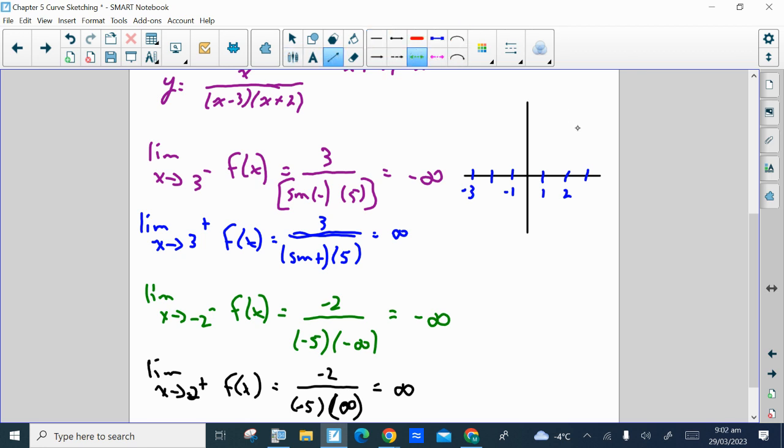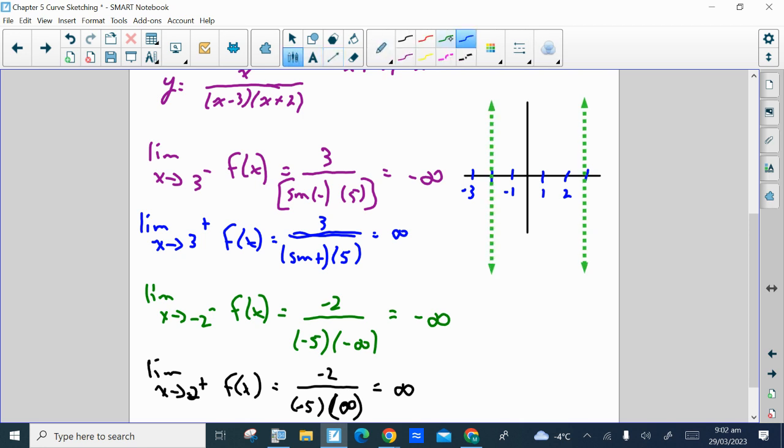That's where our vertical asymptotes are, at positive 3 and at negative 2. And now we see what's happening as we approach those asymptotes. From the left of positive 3, it approaches negative infinity. The graph is going to come down like that. To the right of positive 3, it's going to approach positive infinity, like that.